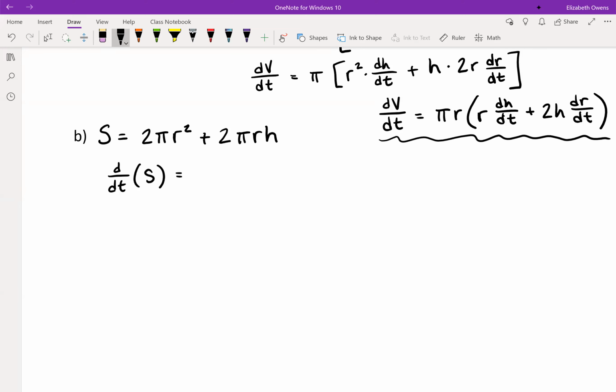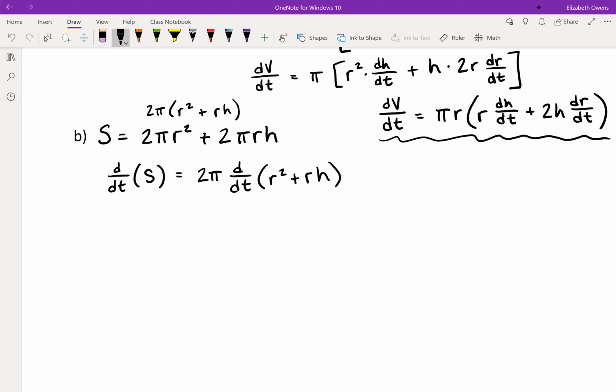Okay, let's factor out the 2 pi. And that'll just be a nice constant multiple there. So this is 2 pi and then r squared plus rh. Okay, so we can bring out that 2 pi and then do d dt of r squared plus rh.